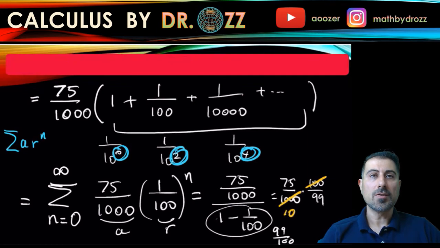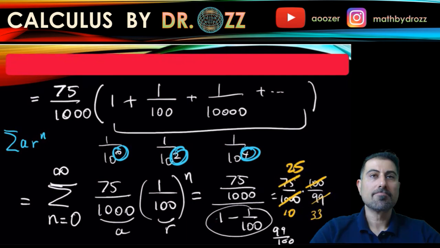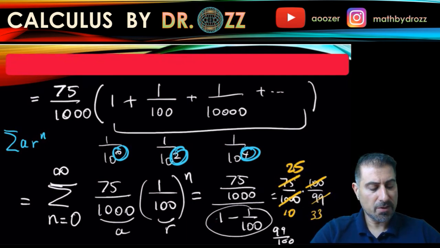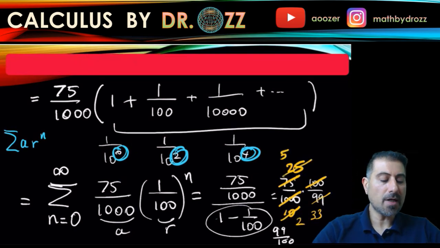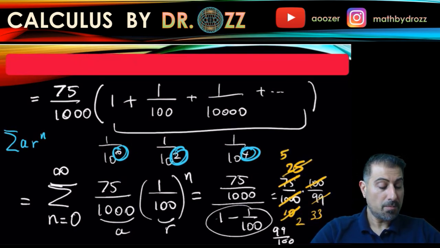Now let's divide this by 3 and this by 3, and we have more cancellations, because 10 is divisible by 5. So divide this by 5 and divide this by 5. At the top we have 5, and in the bottom we have 2 times 33.